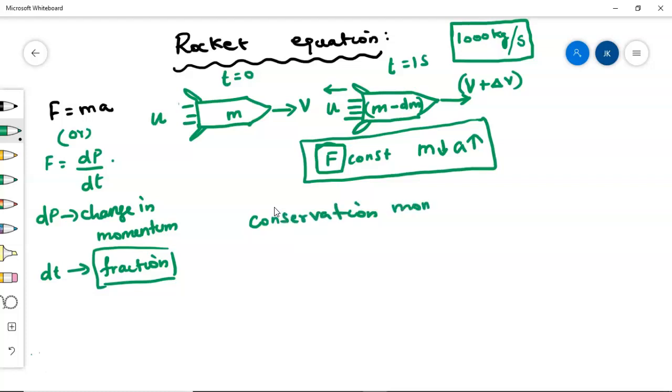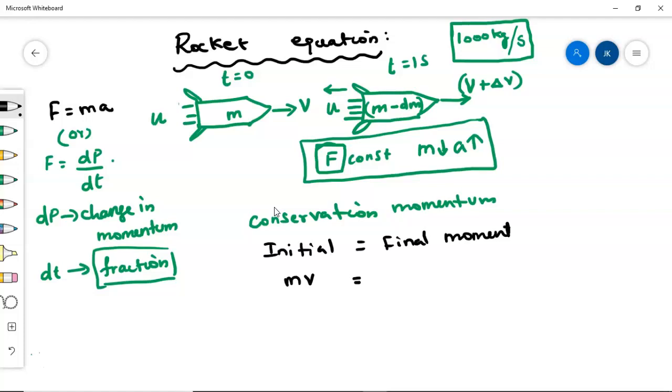So conservation of momentum says initial momentum is equal to final momentum. So initially the momentum is the total mass of the rocket multiplied by the velocity of the rocket, and then the final momentum. Here there are two momenta, the momentum of the rocket and the momentum of the fuel.